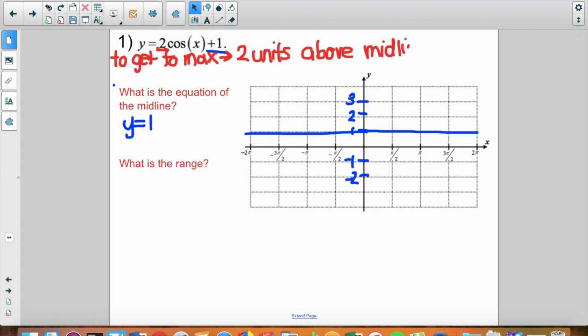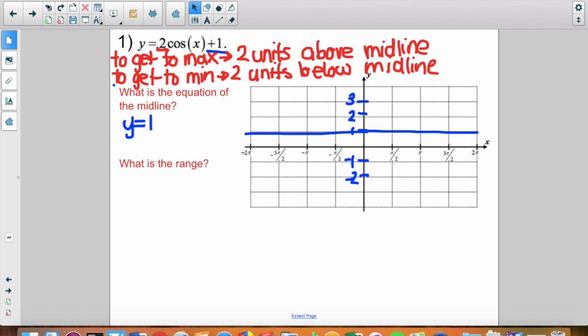And then to get to the min, you have to go 2 units below the midline. Okay, so we need to remember the pattern from the slide before.